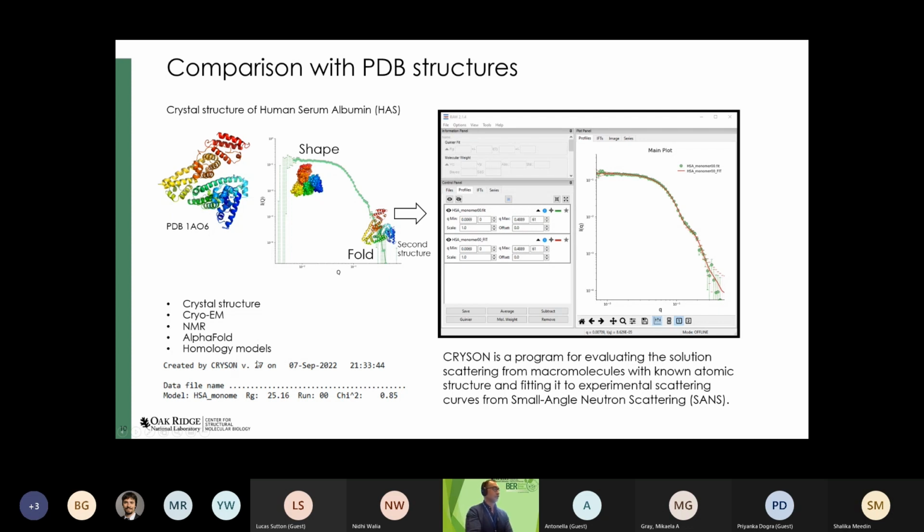I did this fitting using CRYSOL, and CRYSOL also reports the Rg of the model, which is similar to the Rg we observed before for the experimental data, and also the chi-square of the fitting, which is very good.